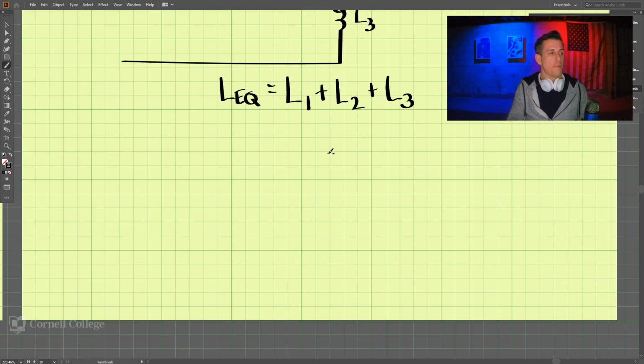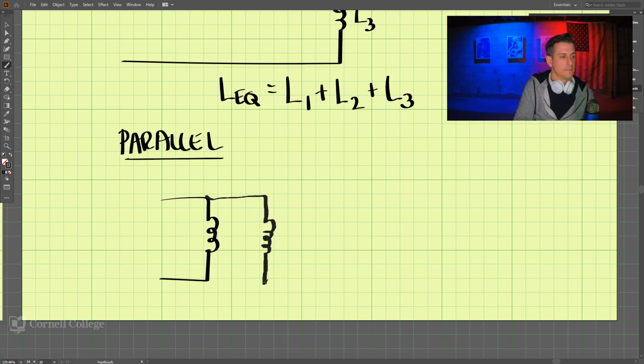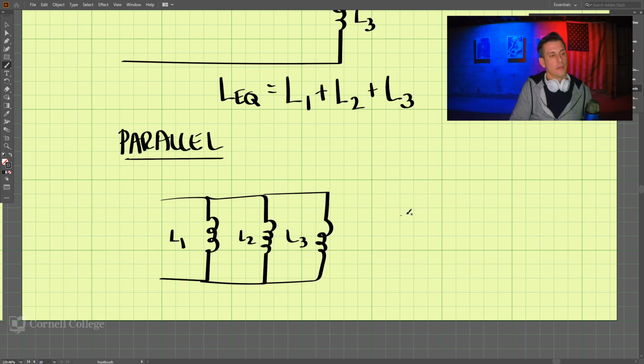Now let's talk about inductors in parallel. All right, this is L1, L2, and L3.